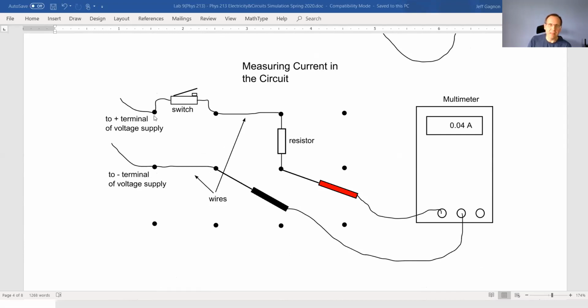And now again, since this is the positive side, and this is a negative side, positive would go here, negative would go here. If you reverse them, you just get a negative here and it'd be the opposite. So in this case, positive, negative. And see now, as the current flows, it's going to go through the multimeter and then back into the circuit. So the multimeter itself becomes part of the circuit.